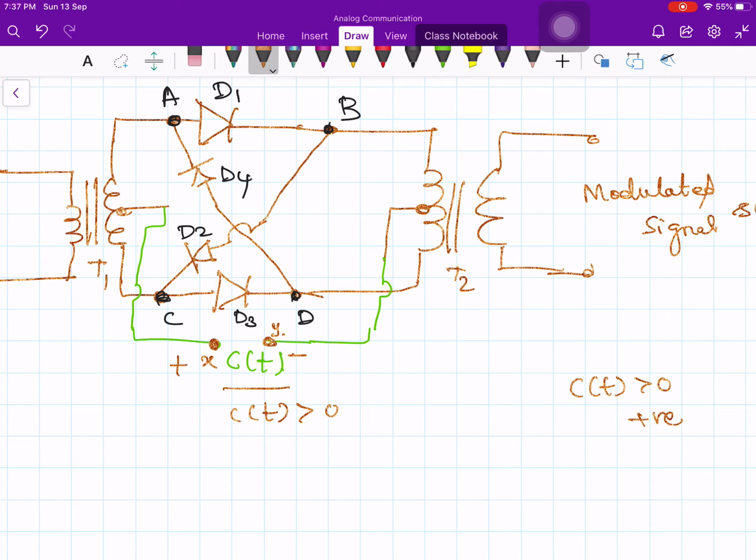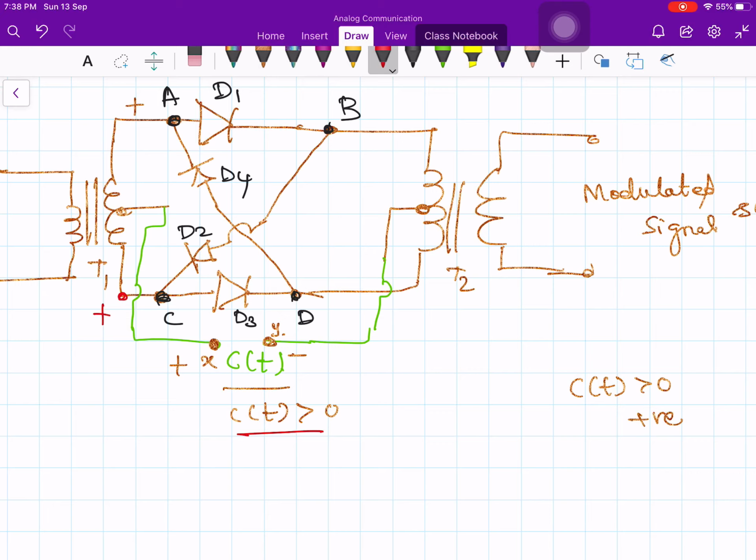So which diodes will conduct now? If x is positive, the positive voltage comes here and appears at the point A, and the same positive appears here also. Therefore, D1 and D3 conduct. So if c of t is greater than 0, D1 and D3 conduct. What about D2 and D4?